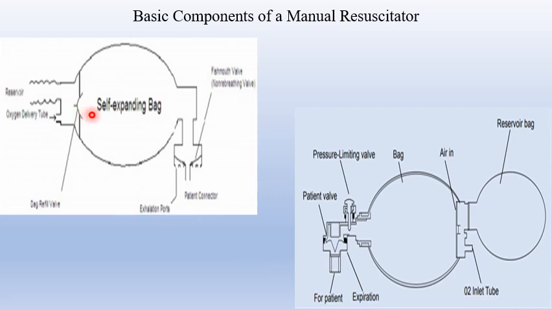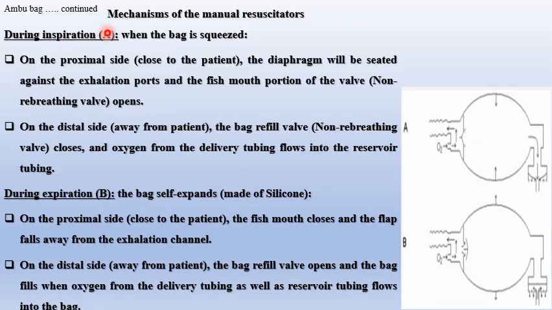Again, another diagram with two non-rebreathing valves here: expiration port, source of oxygen, and the connection to the reservoir bag filled with oxygen. We will see the mechanisms of manual resuscitators.